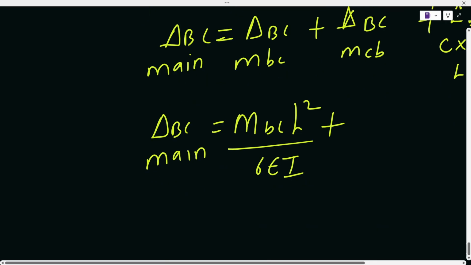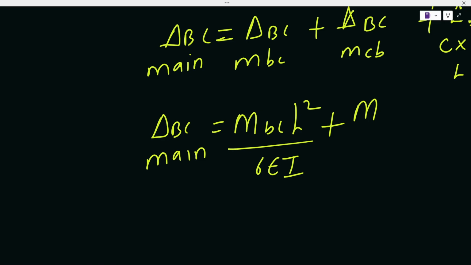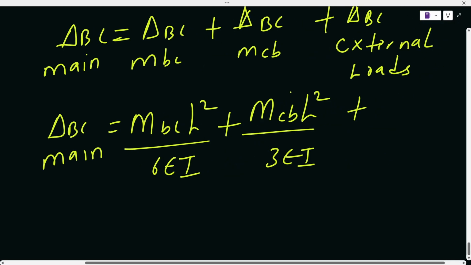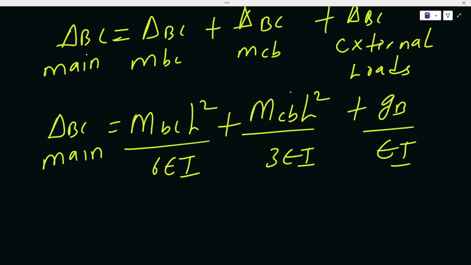Plus, if you look at the others, you'll see that it is this. L square over 3EI plus GB over EI.